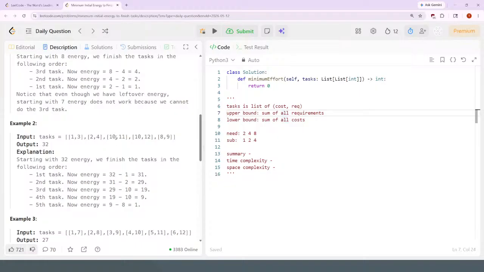Excess energy being, if there was only one task and you had some higher amount of required than cost, then whatever is left over, that's your excess. So you want the task with the lowest excess of required over cost to be your last task. I guess that makes sense.